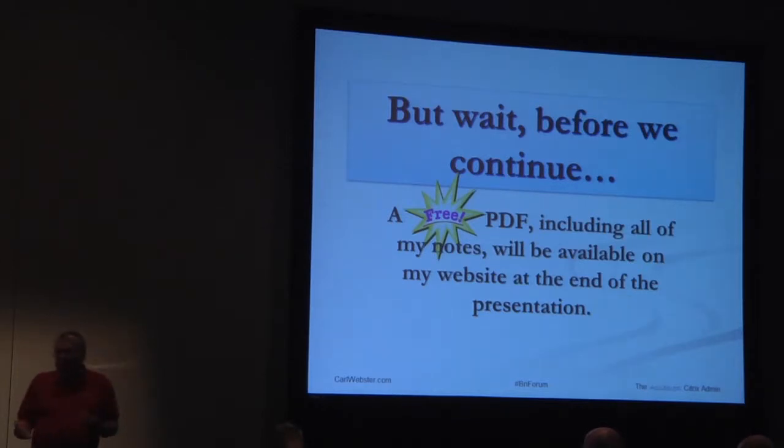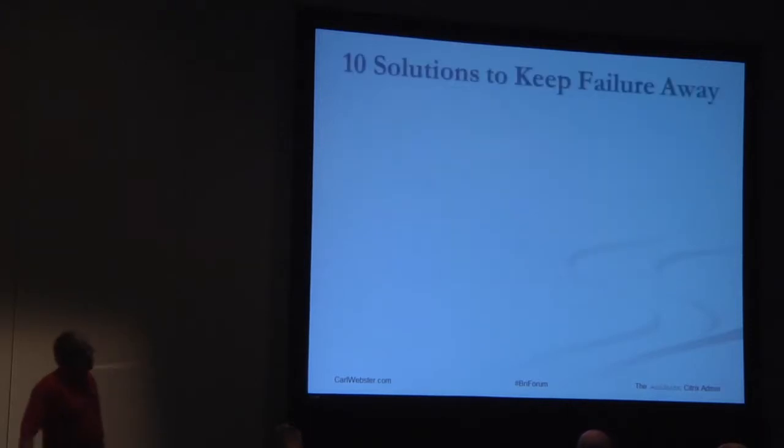Because a lot of the information you will find on the internet about the topics we're going to cover today is just downright wrong, or conflicting, or just plain stupid, what some people write about what we're going to be talking about today. So everything's in the PDF, so you don't have to scramble around trying to record or write down all the URLs and links and stuff like that.